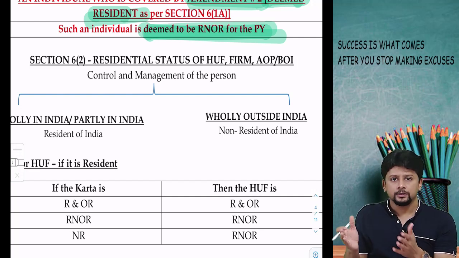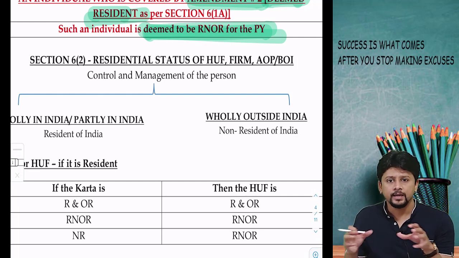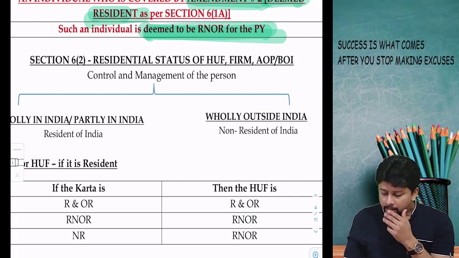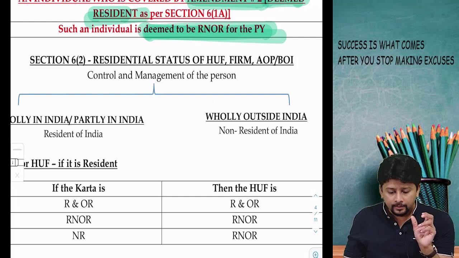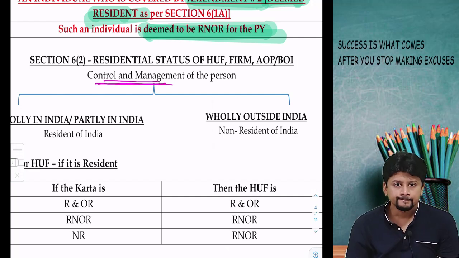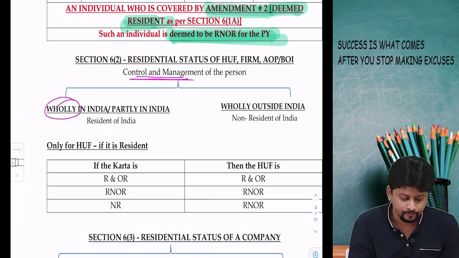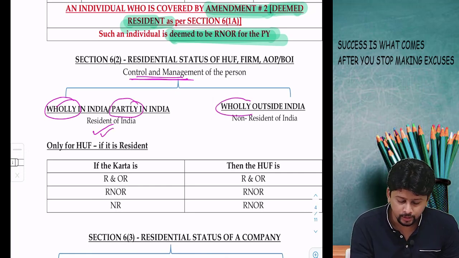A firm is a group of persons called partners. A firm cannot stay somewhere, an AOP cannot stay somewhere. So for that, the concept used is control and management. If control and management is fully in India, resident; partly in India, resident; fully 100% outside India, non-resident.